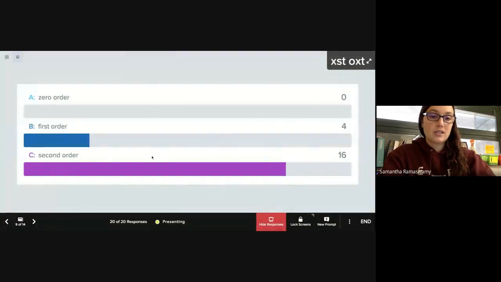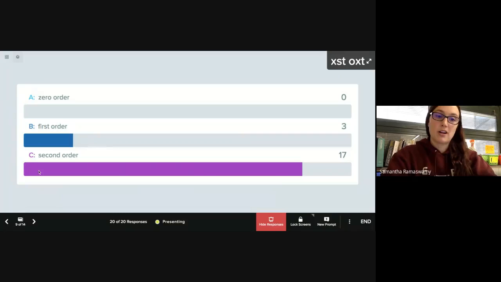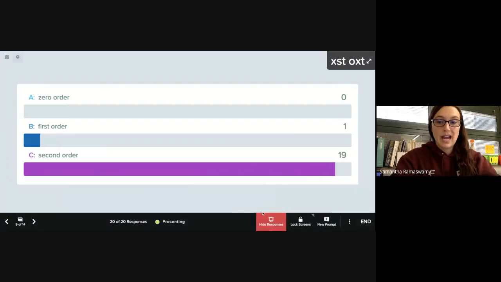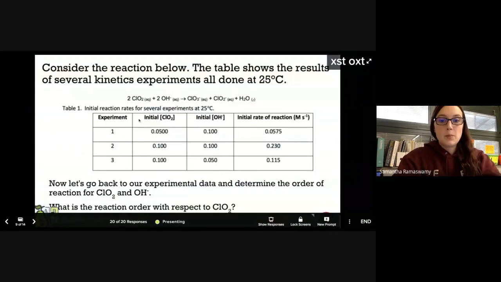That results in a second order reactant. So ClO2 is a second order reactant, right? Because when I go from 0.05 to 0.1, that's times 2. 0.0575 to 0.23, that's times 4. So whatever I'm doing to the concentration, I'm doing that squared to the rate. So ClO2 is second order.